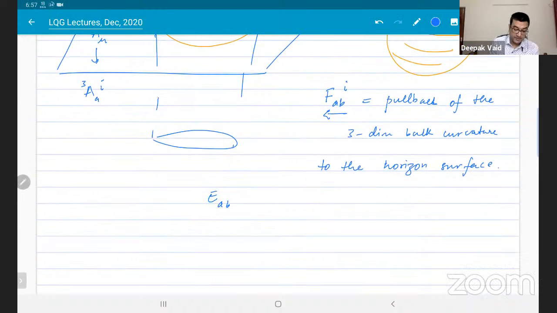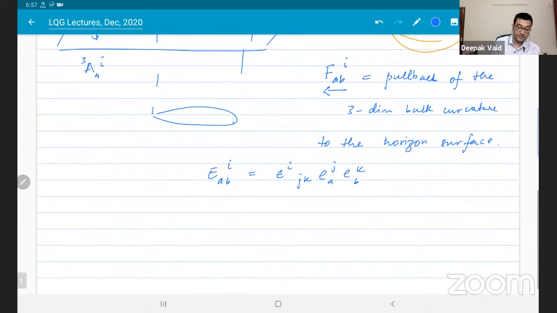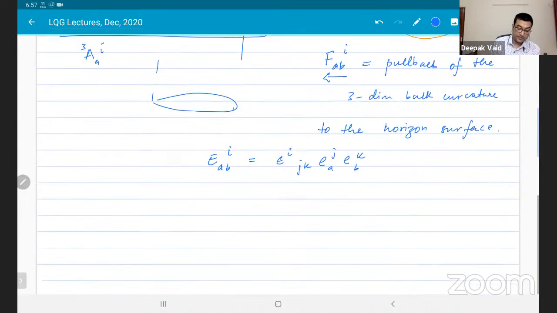That is Sigma_{AB}^i, which can be written as epsilon_{ijk} e_A^j e_B^k. This is defined on the horizon surface. Again, we'll write it as some pullback of Sigma to the surface.